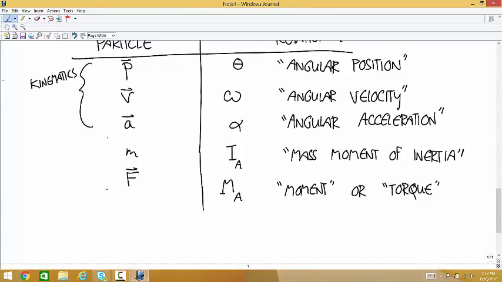And then the final result from kinetics was Newton's second law. It says add up all the forces. That's equal to the mass of the object times its acceleration. In rotational motion, just put in the analogous quantity in every spot, and you get that M_A is equal to the mass moment of inertia times the angular acceleration.